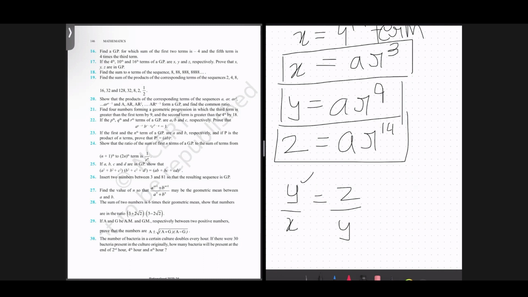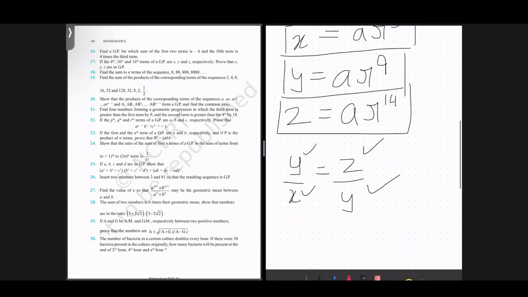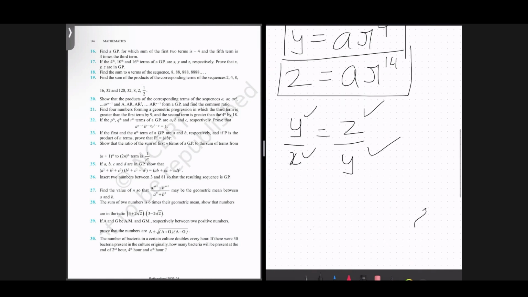So if I divide the second term by the first term, it is going to be equal to the third term divided by the second term, right? Because the ratio between every consecutive term in a GP is going to be the same, correct? So if I prove that Y upon X is equal to Z upon Y, then that will be sufficient for me to prove that these three terms are in a GP, right?